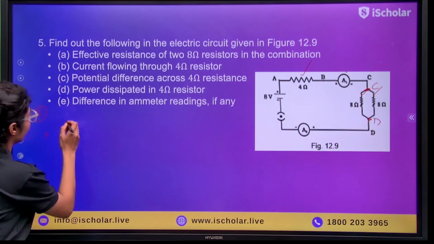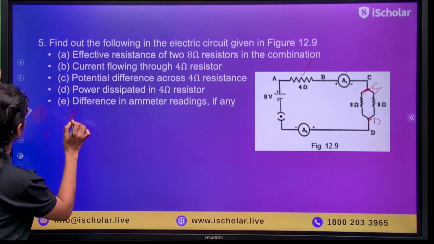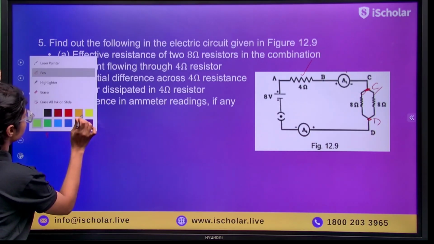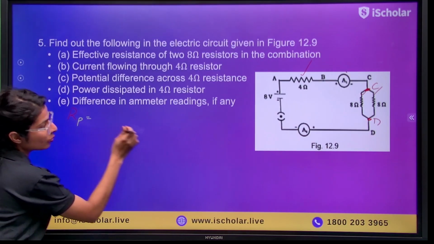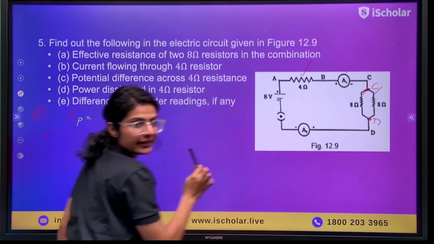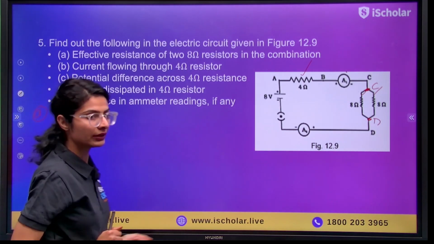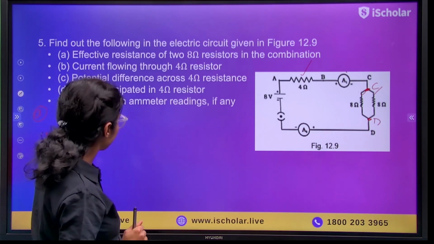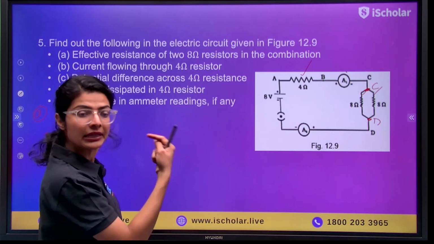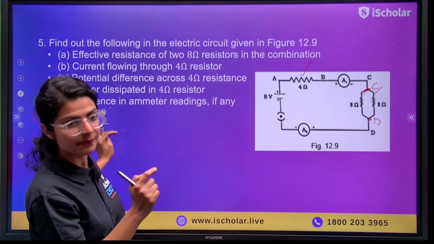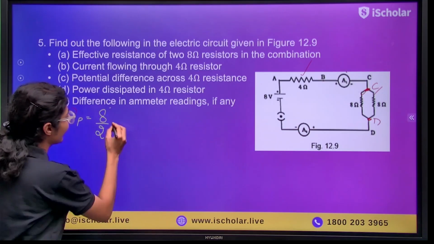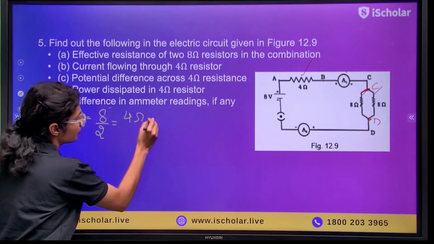So we know the resistance for parallel is given as Rp. These 8 and 8 are in parallel, so combined they will have 8 by 2, that is value of resistance divided by the number of times they have come. So it is 8 by 2, which is 4 ohm.